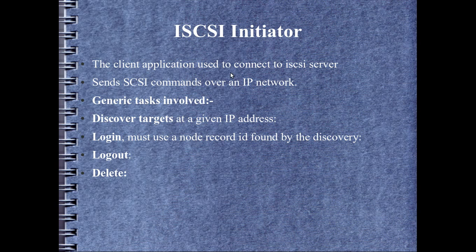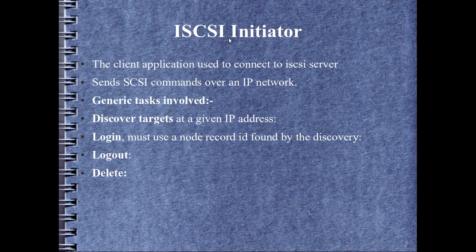So the client applications connect to the iSCSI server, and what actually happens is it sends iSCSI commands to the iSCSI server over the IP network. So generally what we do is, first of all, we do discovery over a particular IP address, that is, we check out a portal for the LUNs that it is exporting.